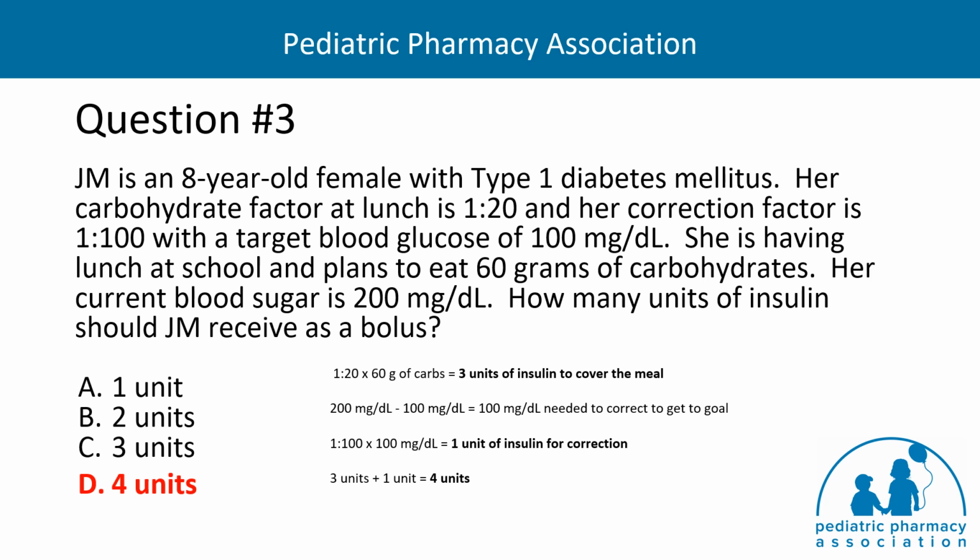It's nice how that math works out. Her correction factor of 1 to 100 means that because we're 100 off our target, we need to add an additional 1 unit of insulin for correction. So the correct answer is 4 units because we have 3 units of carbohydrate coverage and 1 unit of correction coverage for a total bolus of 4 units.